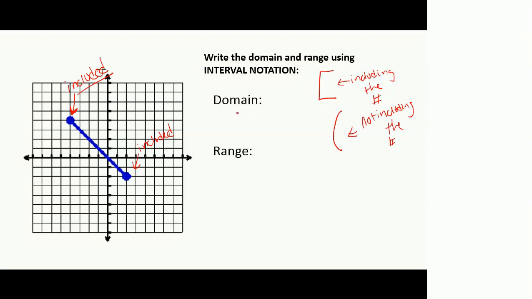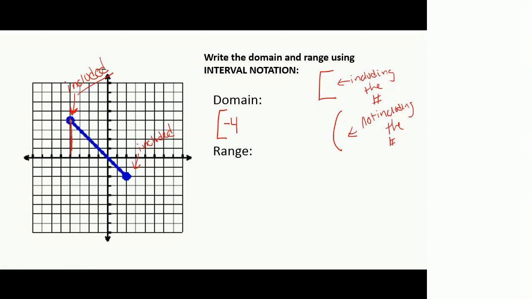All right, so domain, we're going left to right. If I start going here, I hit my first value right here, which is at -4. But I'm including -4, so I want to put a bracket around -4. I like to think that the bracket is holding it in there. Now, how far am I going?